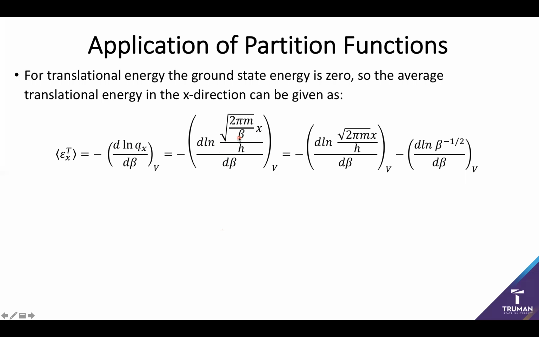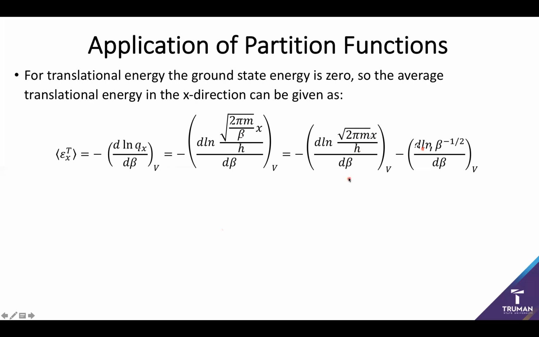Well, since I've got a natural log, I can treat this beta as to the -1/2 and just pull it out. So the derivative of the natural log of beta to the -1/2, leaving behind the derivative of the natural log of, wait a minute, this is a whole bunch of constants because I don't see a single term that's dependent upon the temperature here.